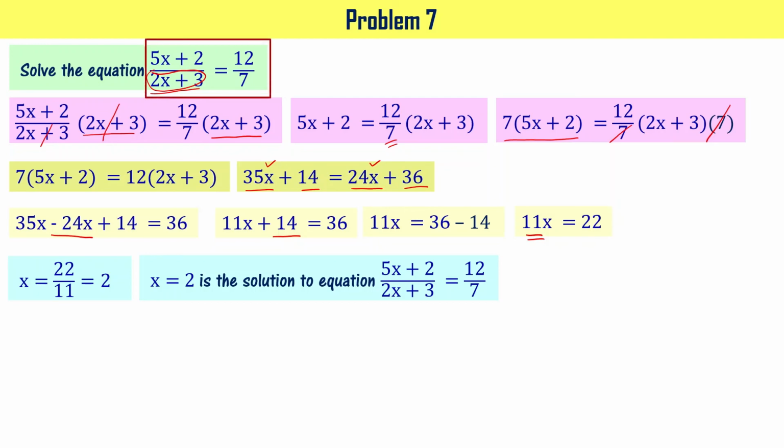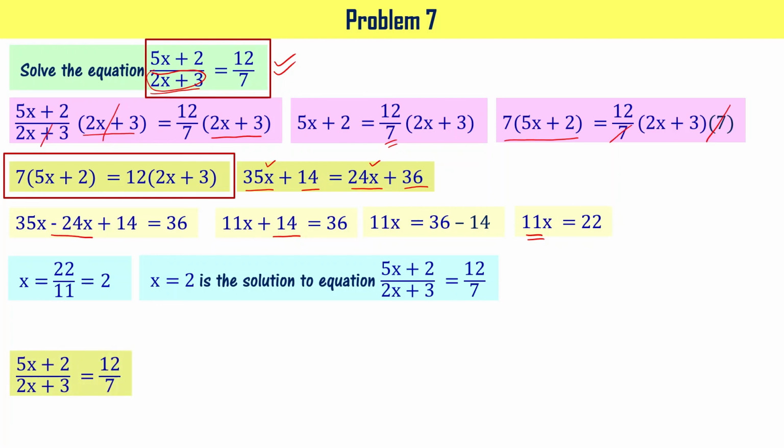You must have observed in the given problem and the equation we got here. When you see these two equations, (5x plus 2) divided by (2x plus 3) equal to 12 by 7, and 7 times (5x plus 2) equal to 12 times (2x plus 3), what you must have understood is I am cross multiplying this. You see, 7 is getting multiplied with (5x plus 2). Let me write that.